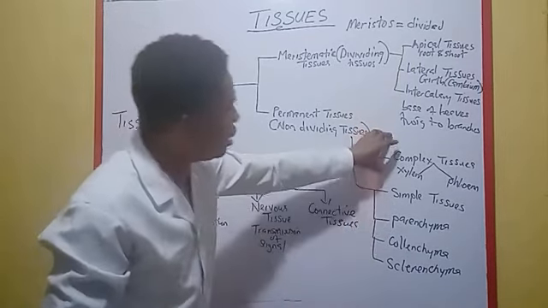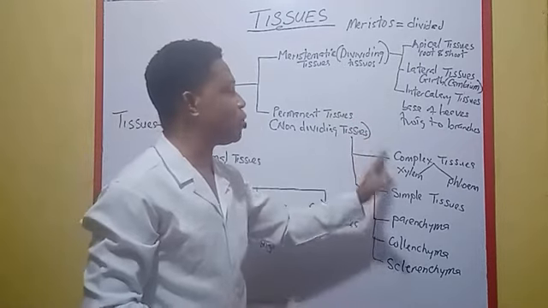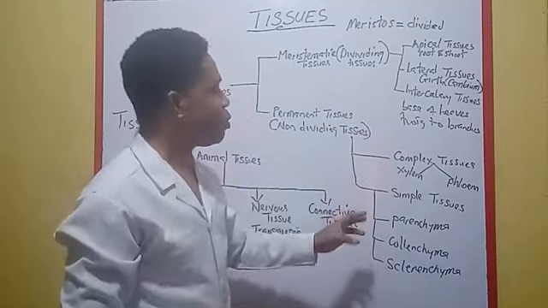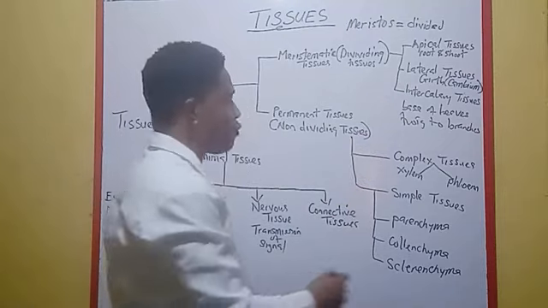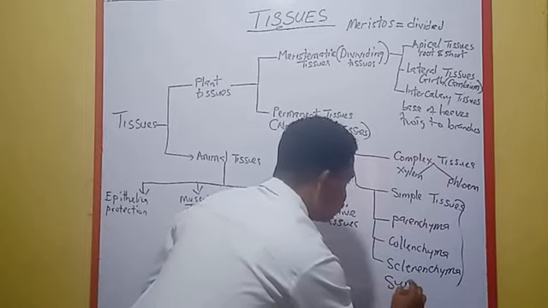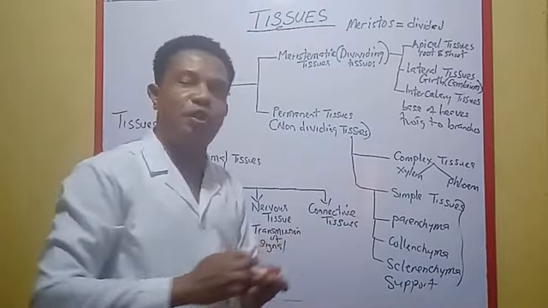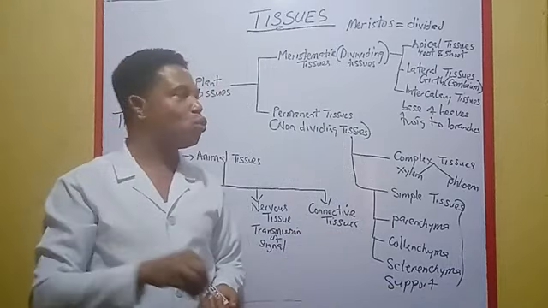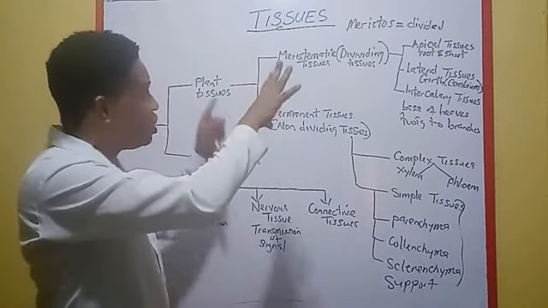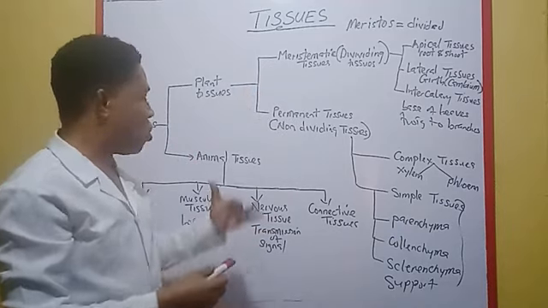The complex tissues perform the function of transport within the plant, while the simple tissues give support to the plant. In my next video, I will discuss each of these types of tissues and what they do in the plant or in the animal.